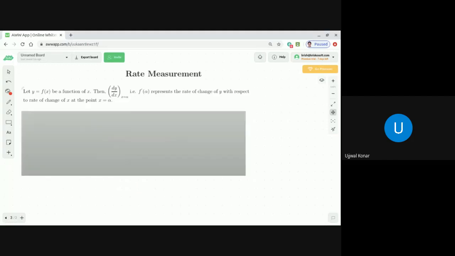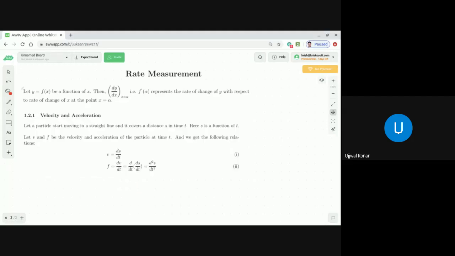What it says is that let a particle start moving in a straight line and it covers a distance s in time t. So here s is a function of t, definitely, because as time goes by, you can calculate what will be the distance traversed. Let v and f be the velocity and acceleration of the particle at time t. And we get the following relation.